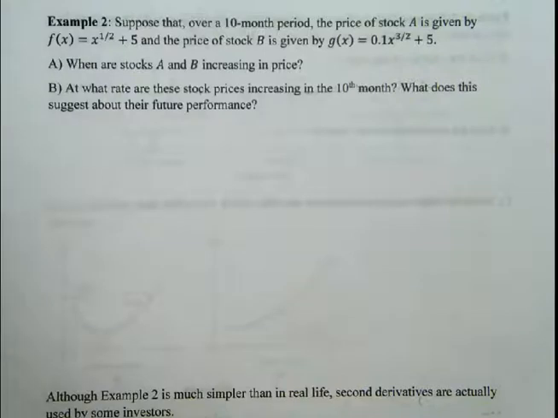Okay, so example 2. Suppose that over a 10-month period, the price of stock A is given by this particular function, and the price of stock B is given by the g of x function. When are stocks A and B increasing in price? Basically we need to find the derivative of each one of those and then pull our information from there.